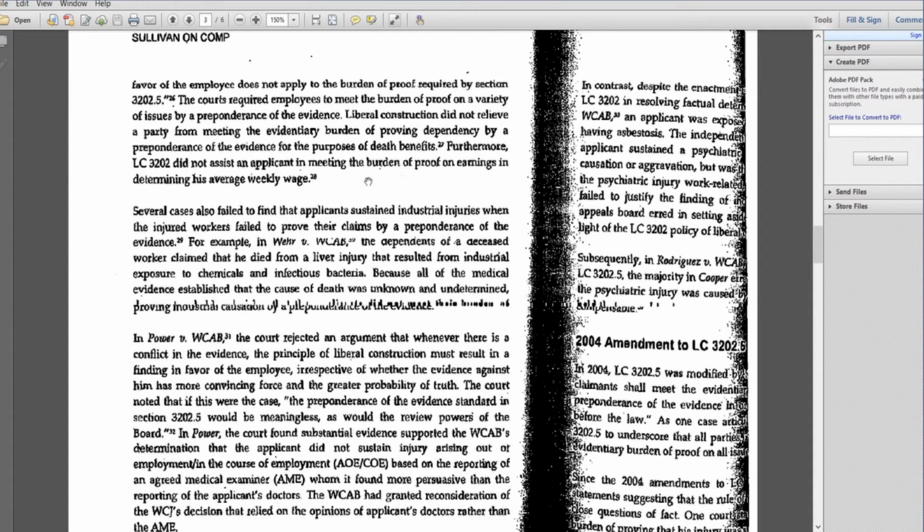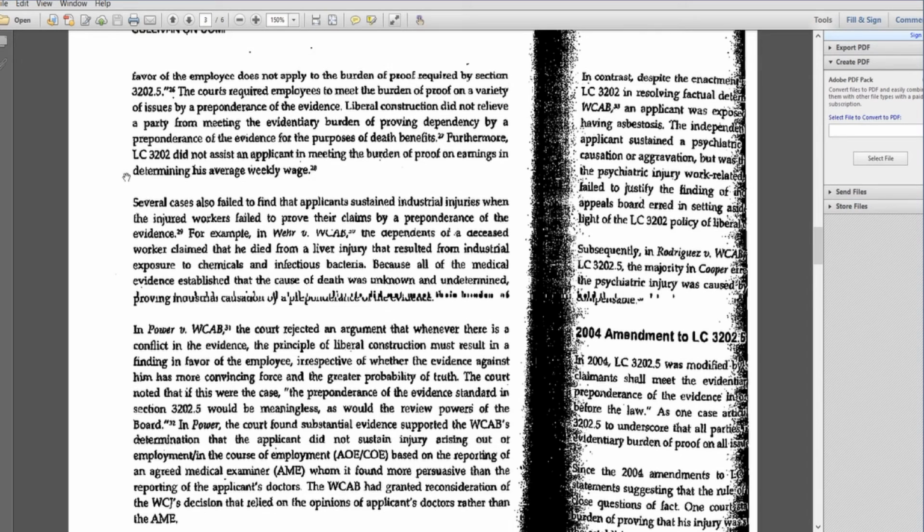However, the philosophy of liberal construction is going to be something that we apply in those cases where the industrial injury has already been accepted, and now the examinee has come to the qualified medical evaluation.